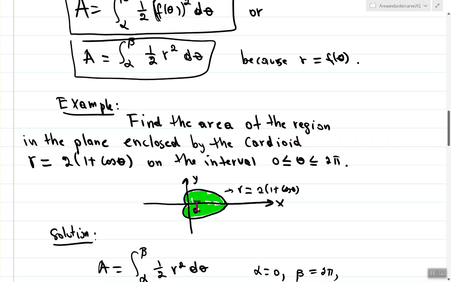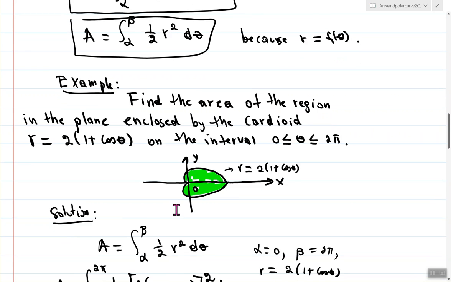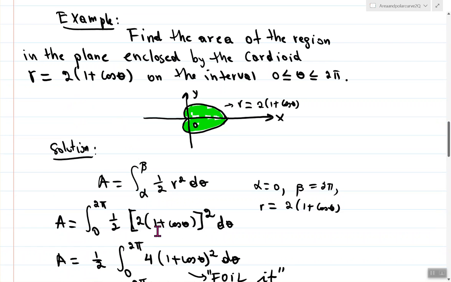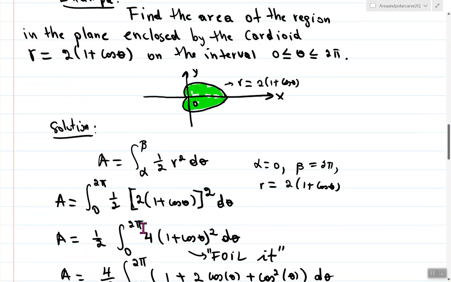To find the area, we put down the formula. Because of this interval of theta, alpha is 0, beta is 2 pi. And since we're going to square r, we square 2 times quantity 1 plus cosine theta, and then times 1/2. So we get our integral.